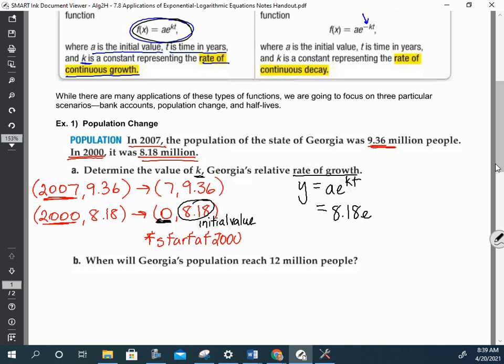E will forever stay E. K is what we don't know. T, well, we started with the year 2000, we went to 2007. So that's 7 years. So your T value is 7.